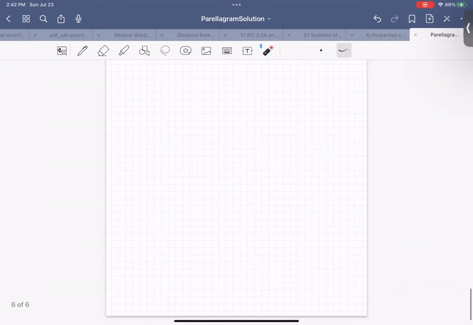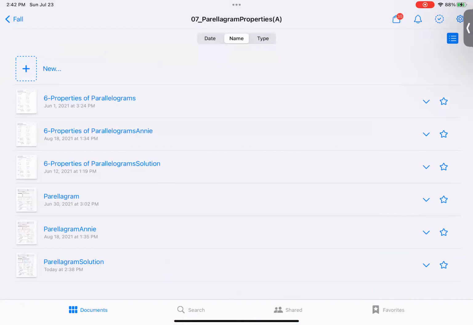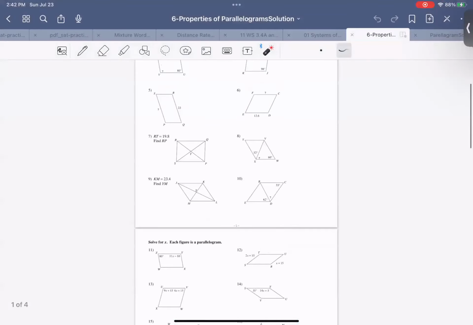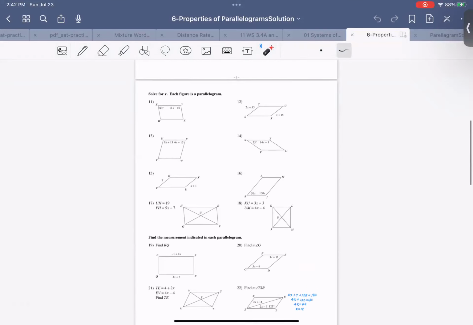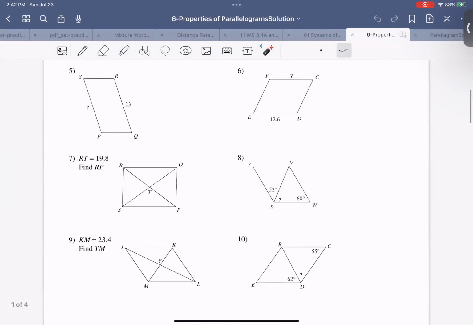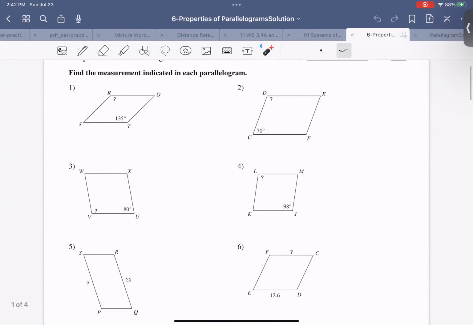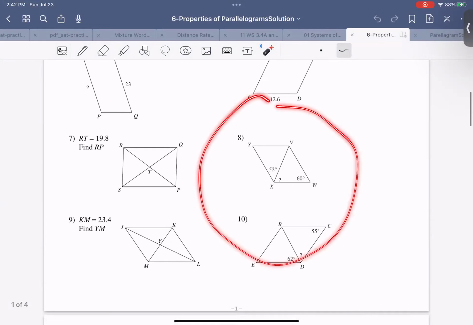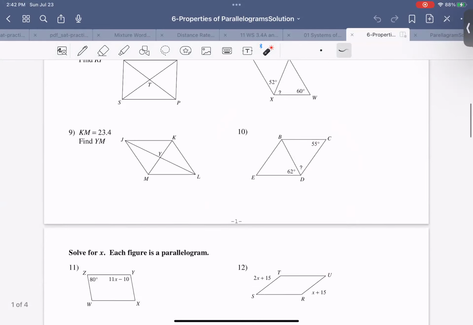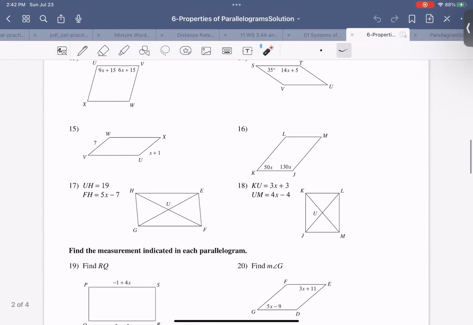Okay, so those are the properties of a parallelogram. Not only that, we can do more practice over here. Let's talk about this guy here. The questions on this worksheet, compared to the previous one, are also very easy, just some basic things.